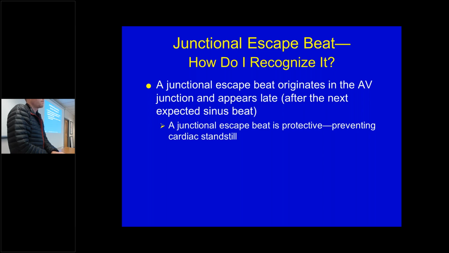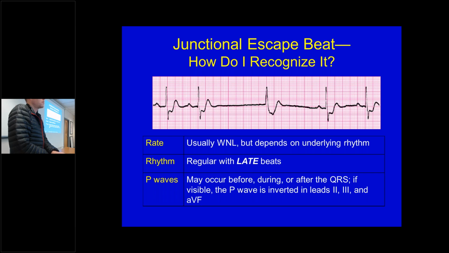But if the AV node is kicking in, it's going to have a junctional appearance, right? From a P wave perspective. So you'll know if the AV node's kicking in or if the SA node is doing it. There's a sinus arrest.